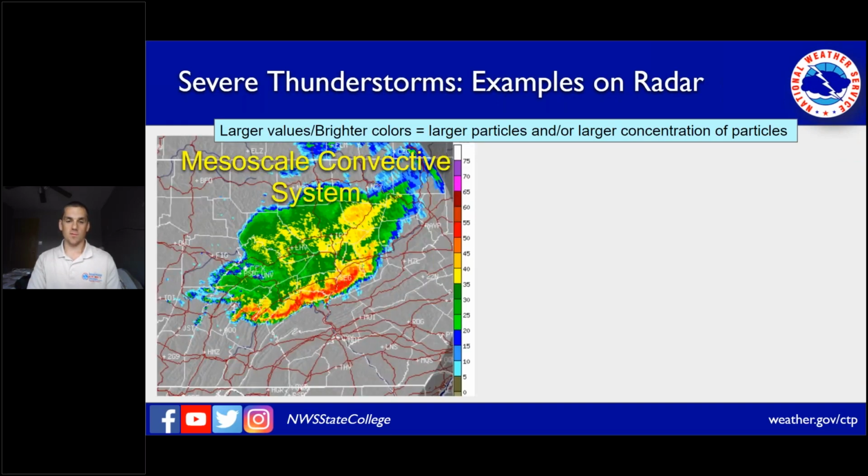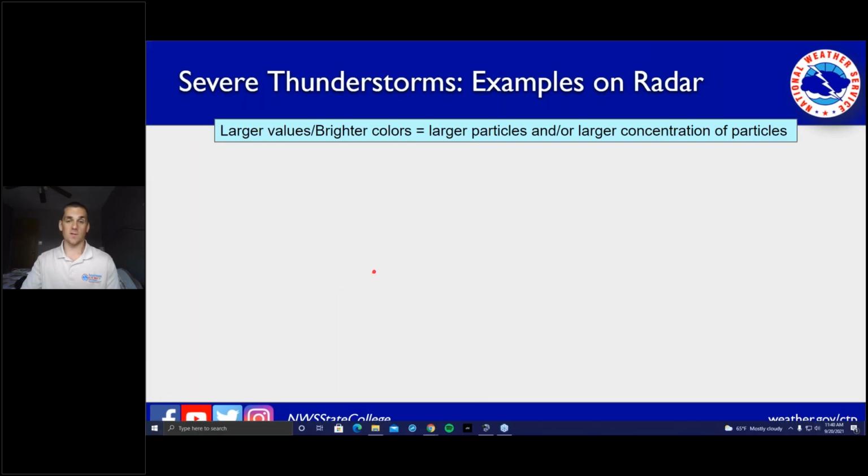Then a few more examples here, looking on radar. The mesoscale convective system, you see what looks like a pretty good cluster. A lot of rain really behind this initial edge. And usually the leading edge of these has got the heaviest rain associated with it, just due to the more unstable air where the system or the line is moving into.